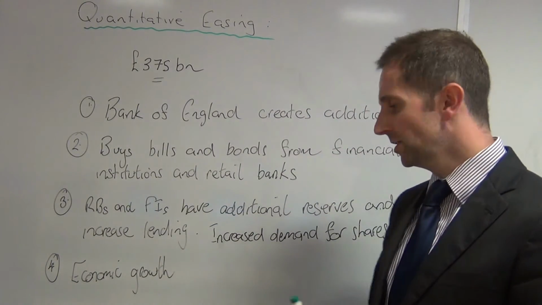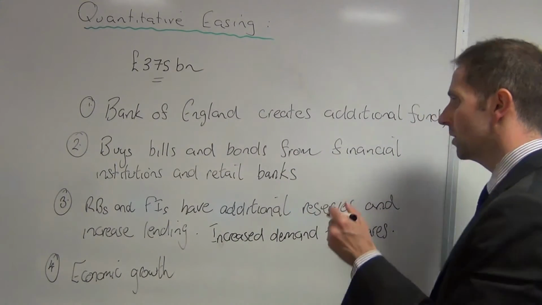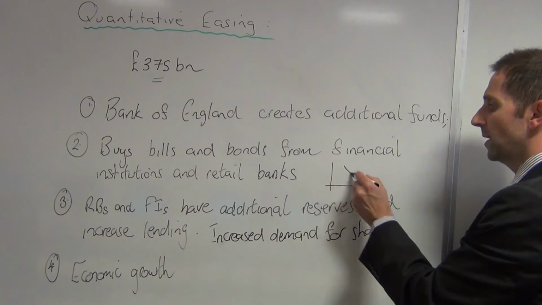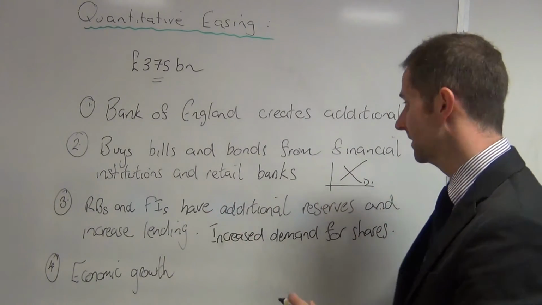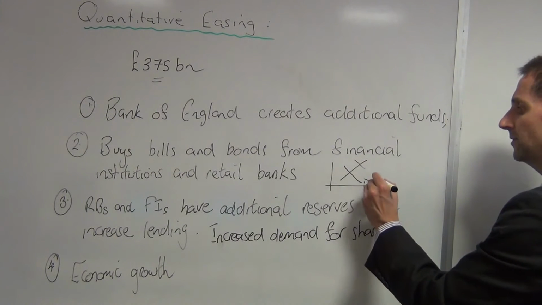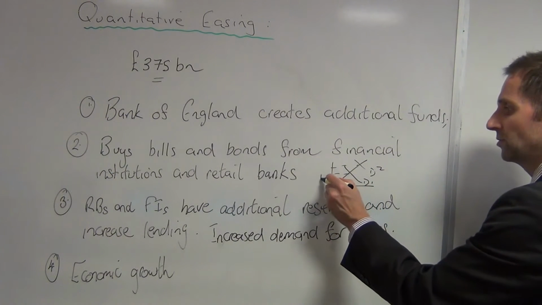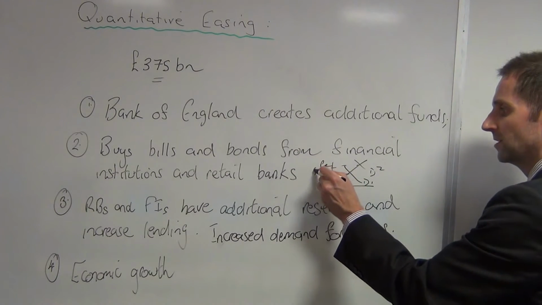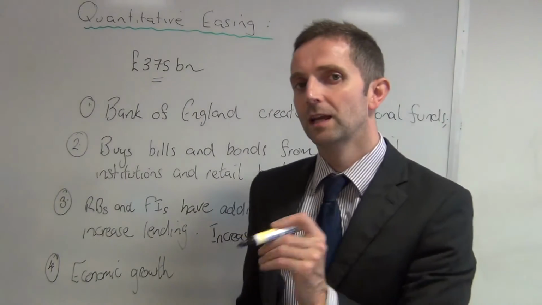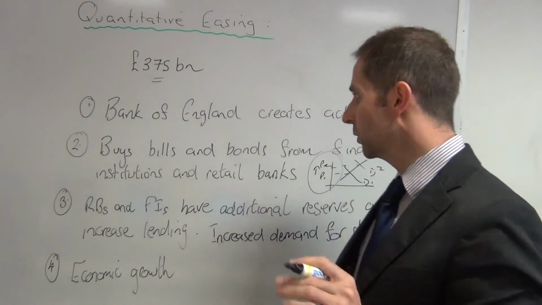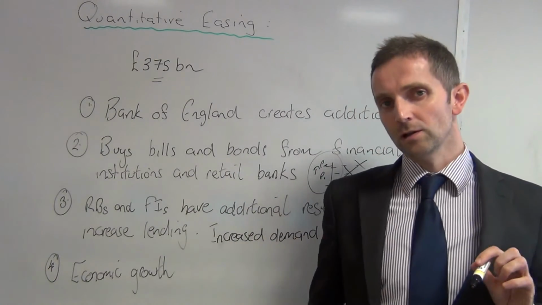The basic premise is, there's more detail on this in my previous video, that as the demand for bonds goes up, which it will do in this case because the Bank of England is buying them, so the demand for bonds goes up like so, D1 to D2, very straightforward microanalysis, demand and supply. That then pushes up the price of the bond. Now you'll know from my previous video, when the price of the bond rises, the interest rate falls.